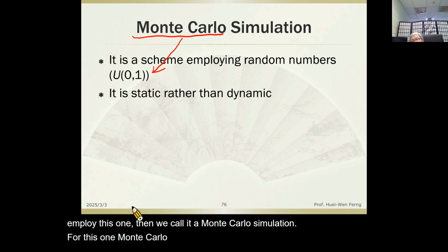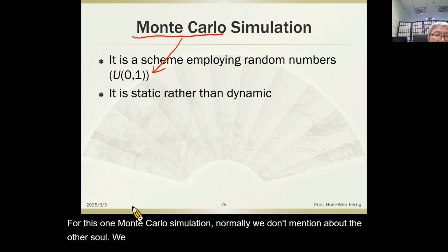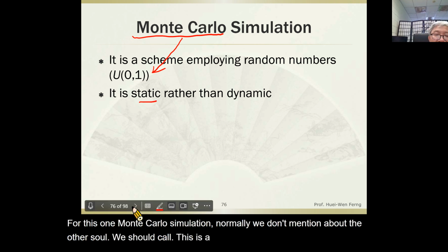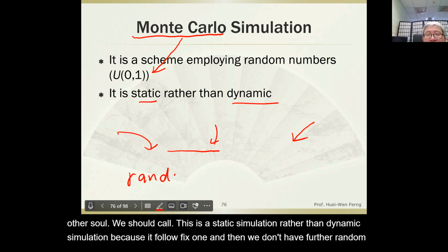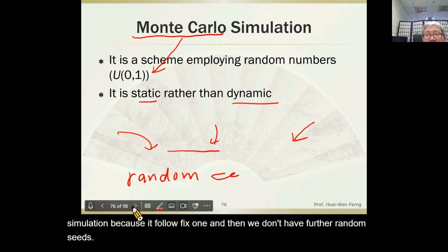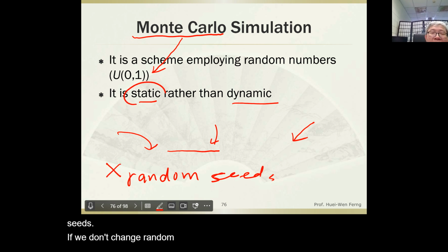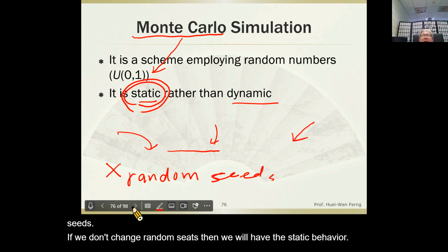Normally we should call this a static simulation rather than a dynamic simulation, because it follows a fixed one, and we don't change the random seeds. If we don't change random seeds, then we have static behavior rather than dynamic behavior.